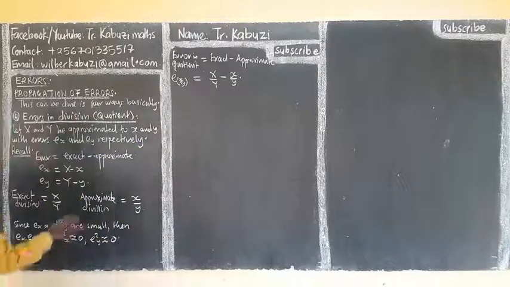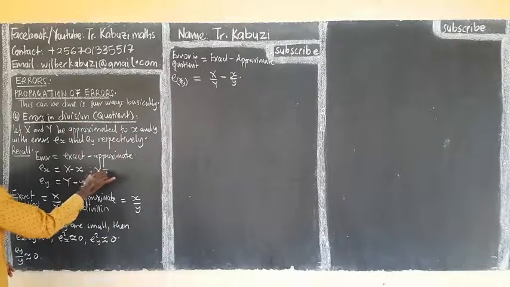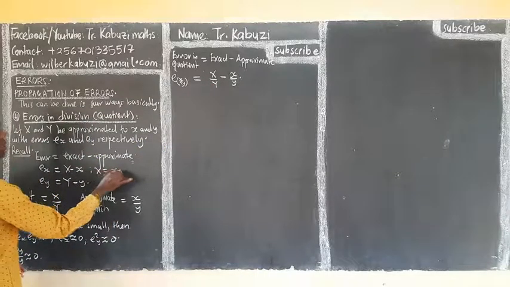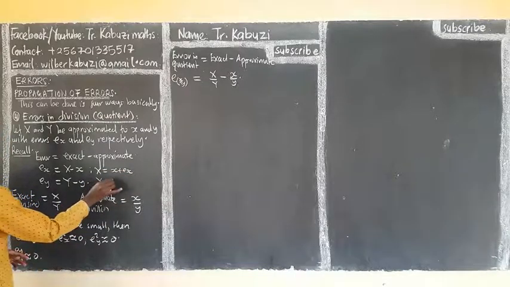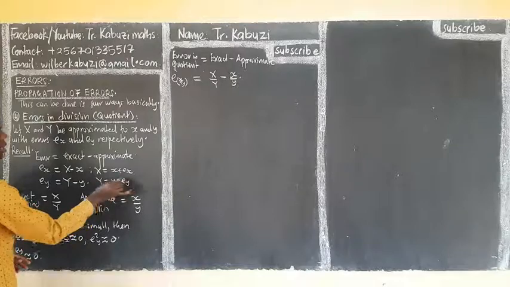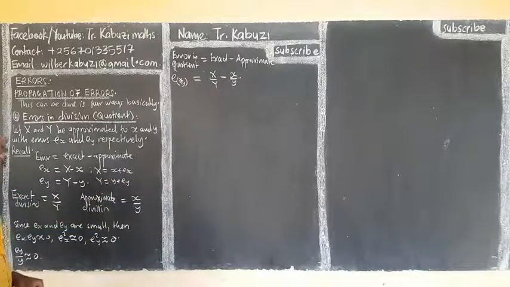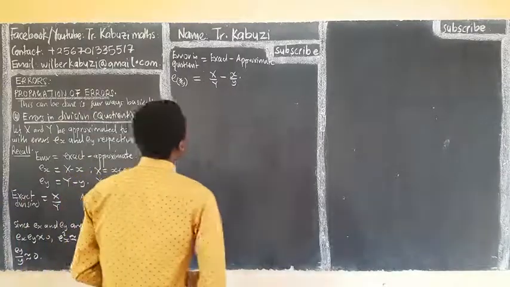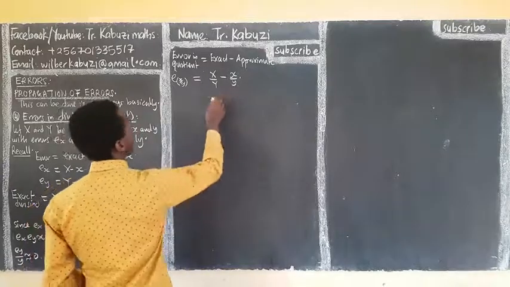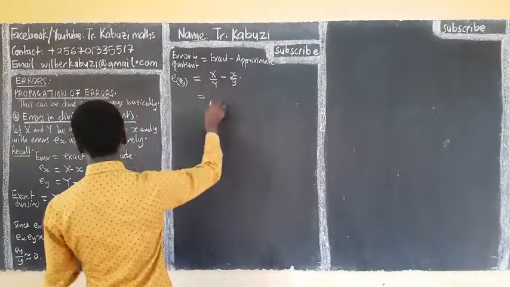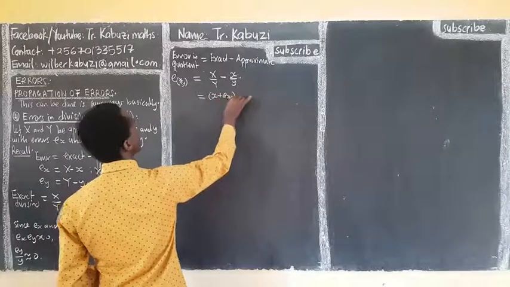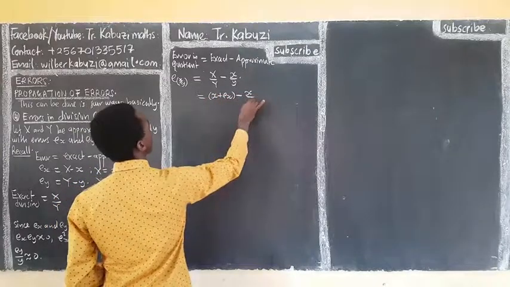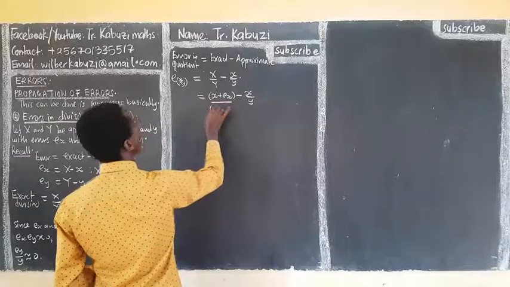So from here, you can see that my capital X is going to be x plus ex. Then here, my capital Y will be y plus dy, if I make them subject. Okay, so now we are going to be having our x over x plus ex.